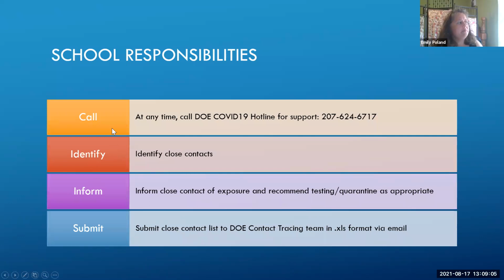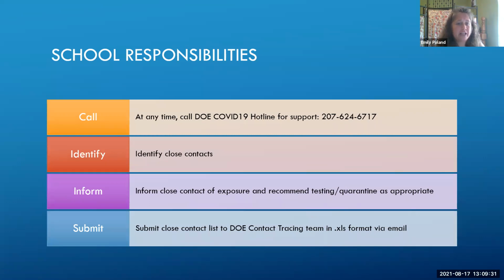So at any time the school is going to call and notify of a case, right? You're going to identify close contacts. You're going to inform those close contacts of exposure and recommend testing and quarantine as appropriate. And as I just said, informing close contacts of exposure and recommending testing and quarantine is not a nursing-specific role.